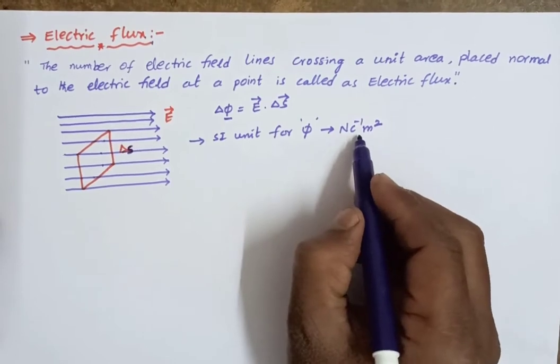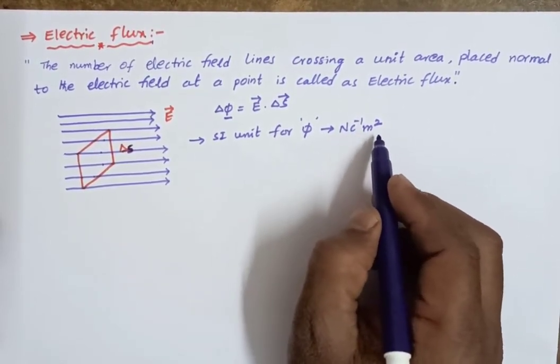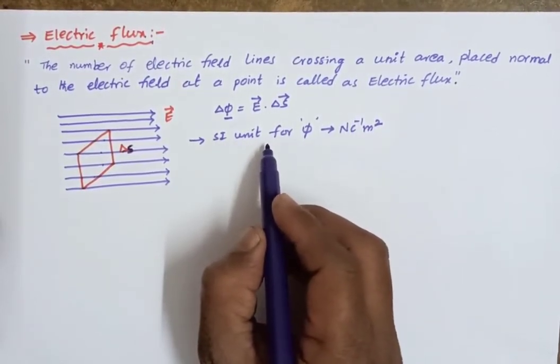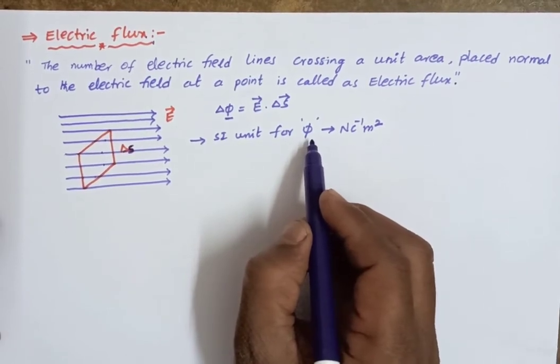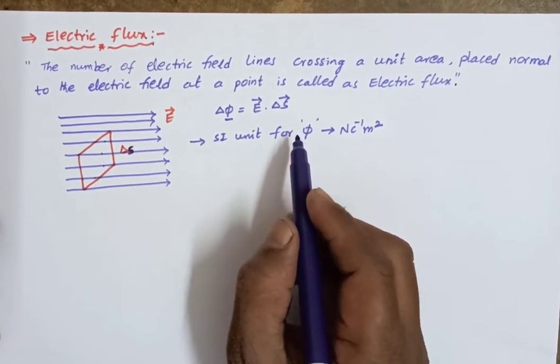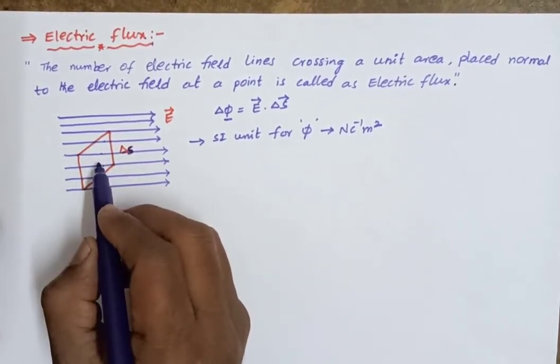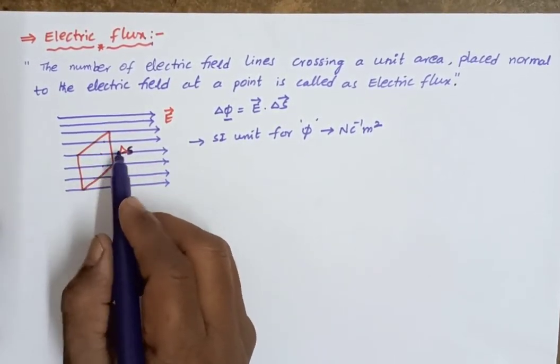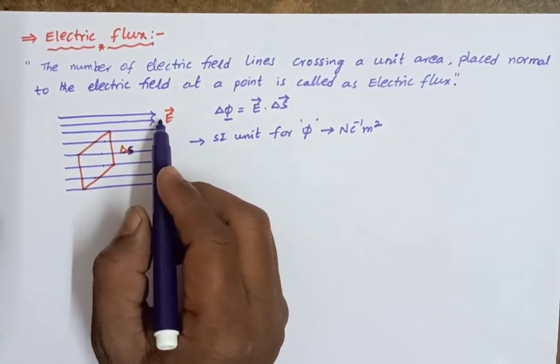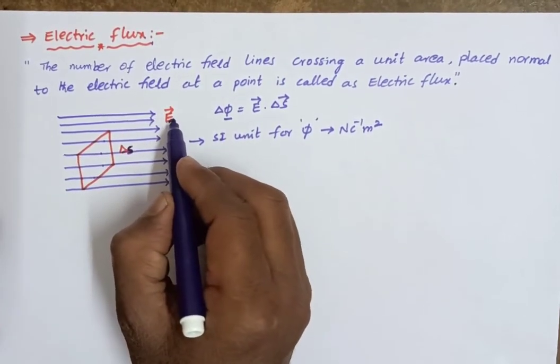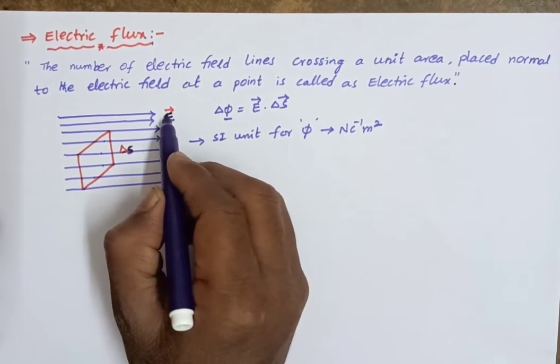So Newton per coulomb into meter square is the SI unit for phi, electric flux. Now we consider this area is normal to this E, that is, the electric field.